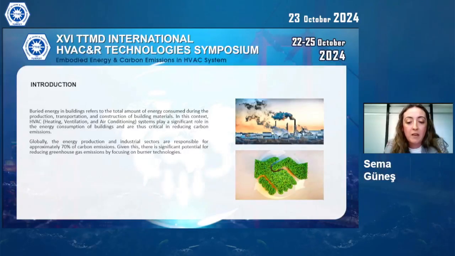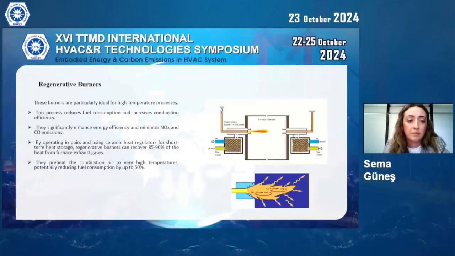Globally, the energy production and industrial sectors are responsible for approximately 70% of carbon emissions. Therefore, there is significant potential to reduce greenhouse gas emissions by focusing on burner technology.